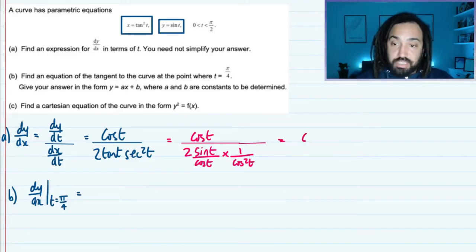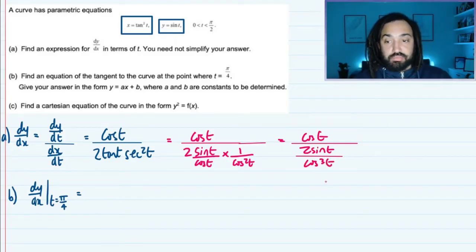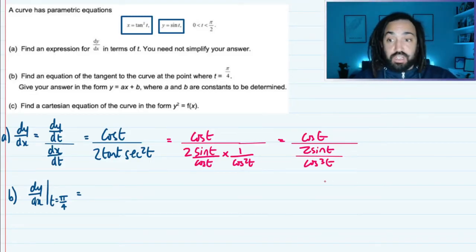Okay, so this gives me cos t, and we are dividing by 2 sine t over cos cubed t. Now when we get this situation where we're dividing by a fraction, what we could do is flip that fraction over and multiply.